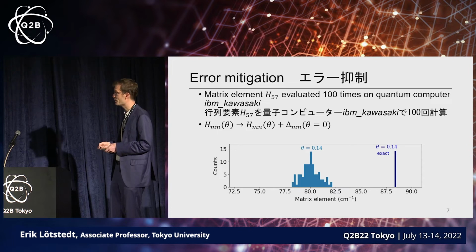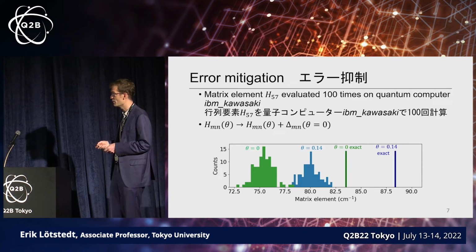And then what we came up with was the idea to evaluate the matrix element again, but at the variational parameter theta equal to 0.